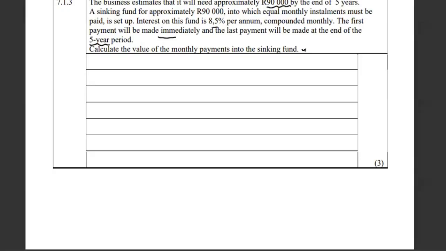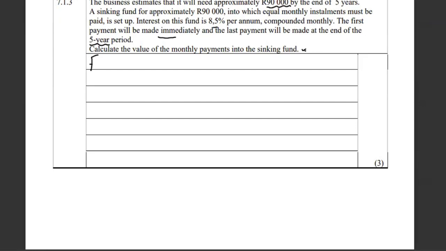So one thing we're looking at is, when you're dealing with a sinking fund, is it a present or a future value? It's a future value, because it's a saving.